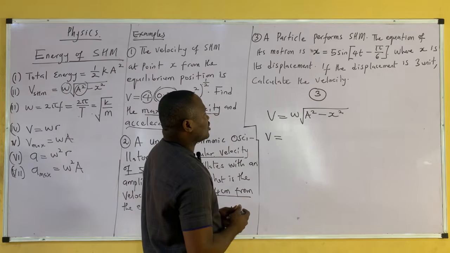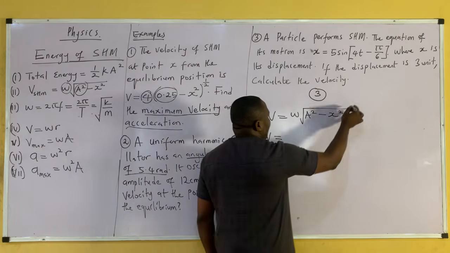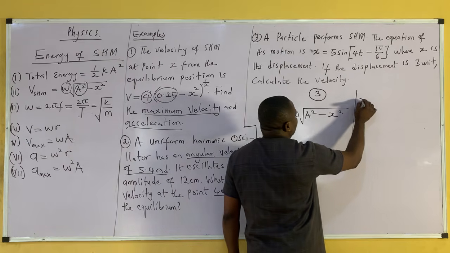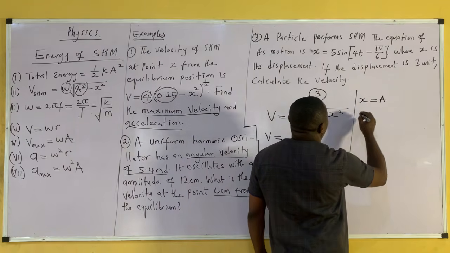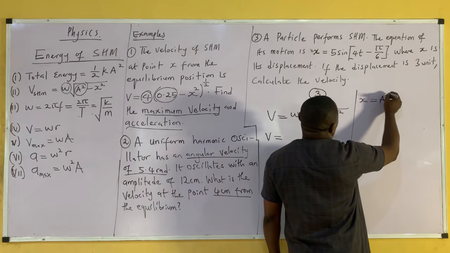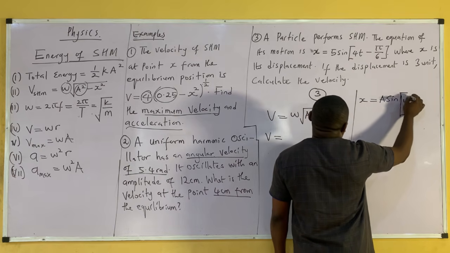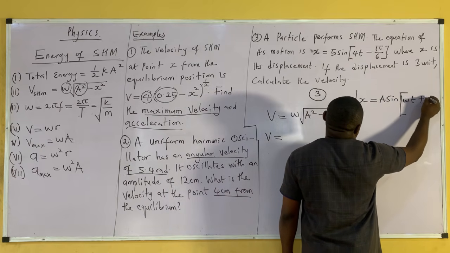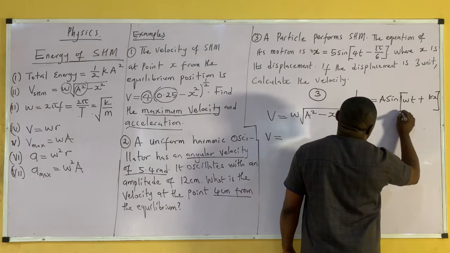In this expression, it will be easy to know all of this if I employ this formula that x is equal to A sine open bracket WT plus or minus KX. Now look at this.